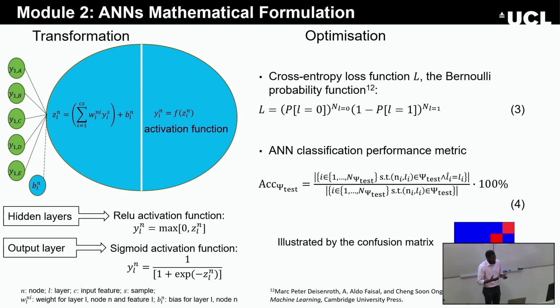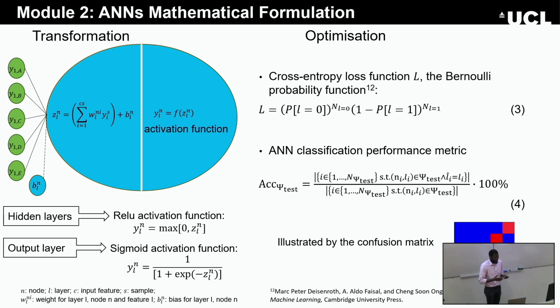And in the hidden layers, we have used the rectified linear unit activation function, which is able to make sure that our numbers within the layers are non-negative. And also in the output layer, we have used the sigmoid activation function for binary classification, but for multiple classes, it's softmax, which is a variant of the sigmoid.